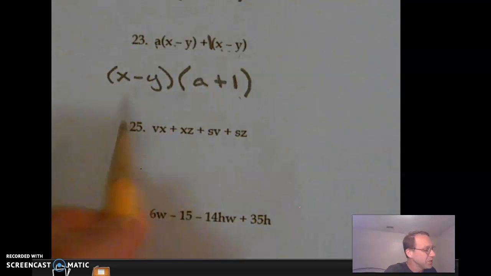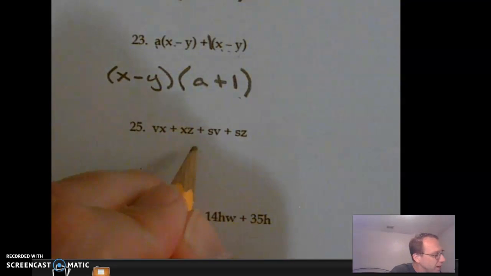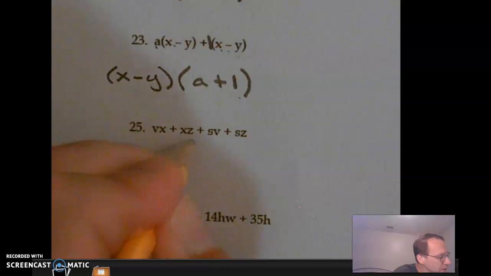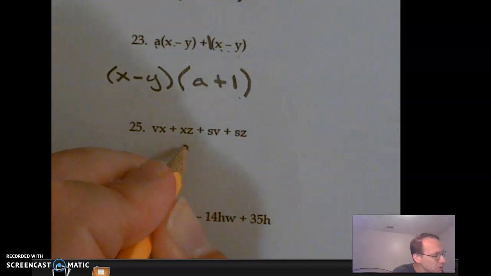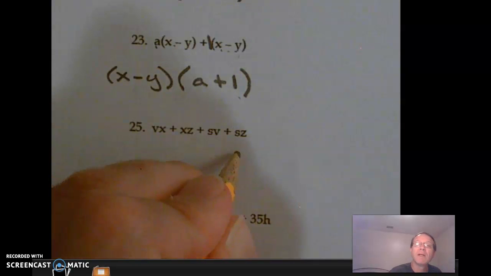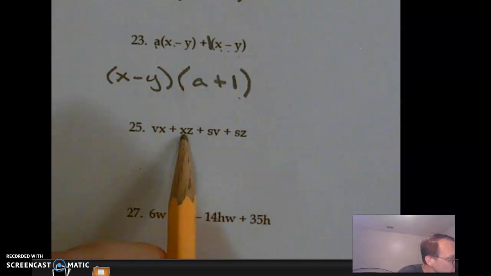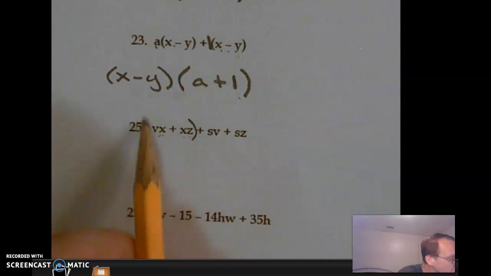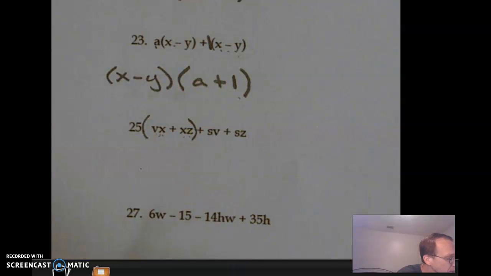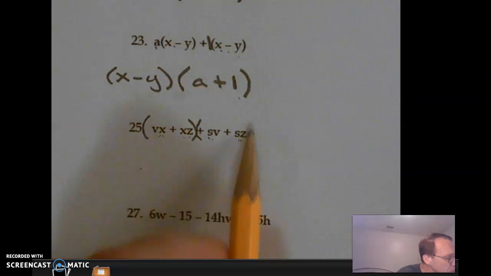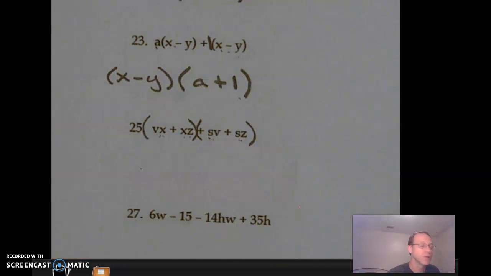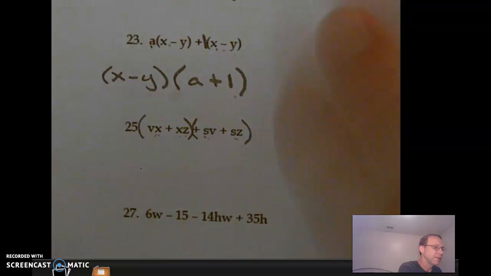All right, so here we have to group these so that we have two groups with common letters. So notice this group has an x in common, right? So we're going to group those two together. These two have an s in common, so we'll go ahead and group those together. So we're going to do each one separately.